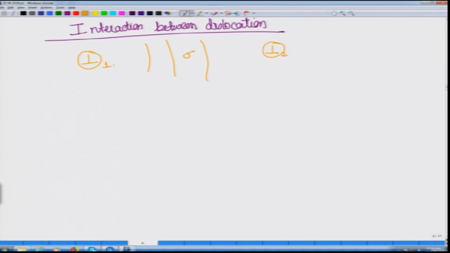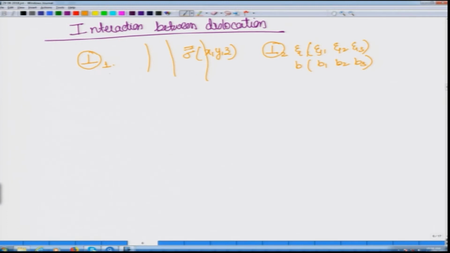So, there will be sigma x y z, and this dislocation will have some line vector E. It will also have components which can be resolved as E1, E2, E3, where 1, 2, 3 can be taken as x, y, z directions, and it will also have a Burgers vector. So, the Burgers vector can be resolved as B1, B2 and B3.